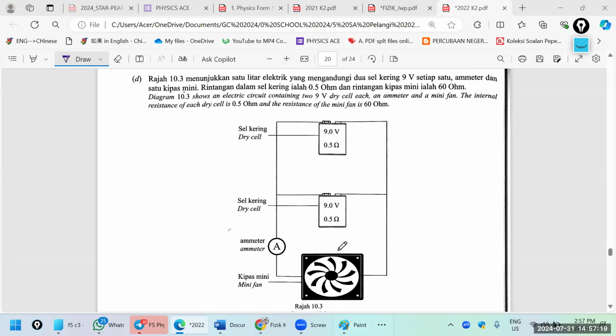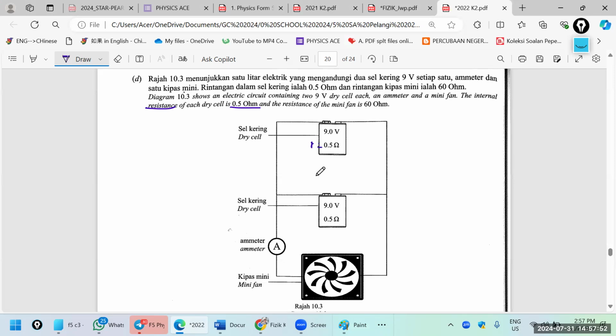All right, so now this is a 9-volt dry cell. The 9-volt dry cell has internal resistance of 0.5 ohm.